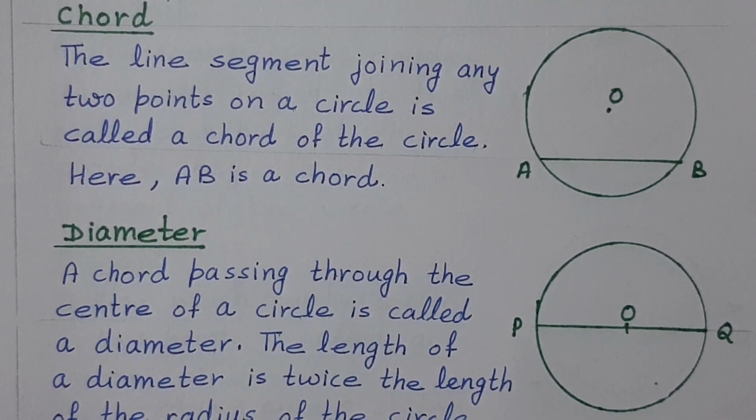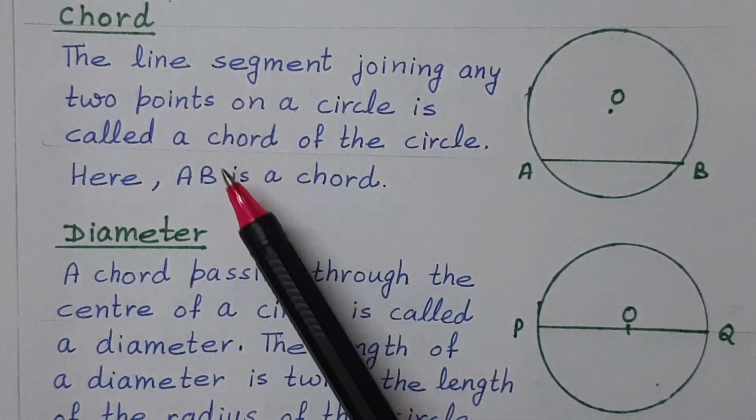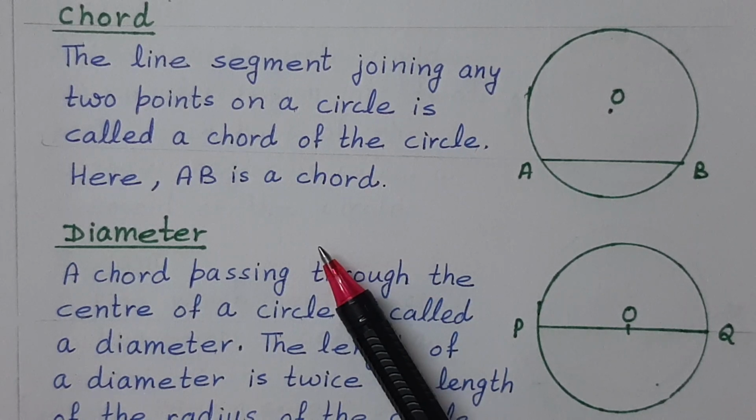So students, before we actually move to the theorem, we will go through some facts, some basic concepts which we will be using in the theorem to prove them. So let us start with the basic concepts and terms related to circle.